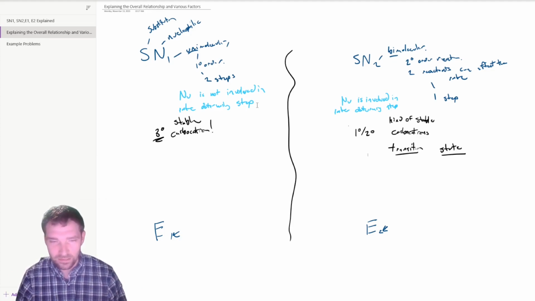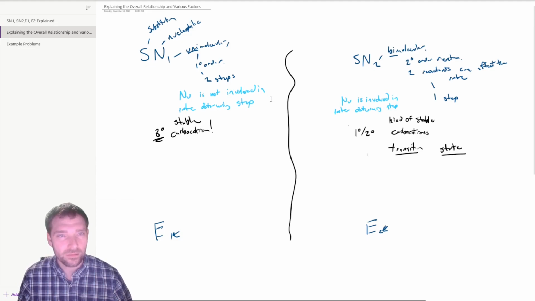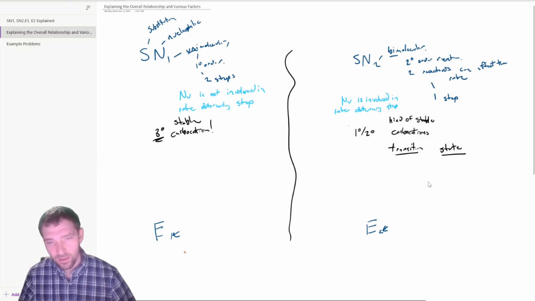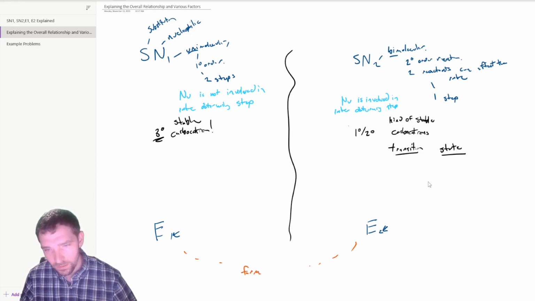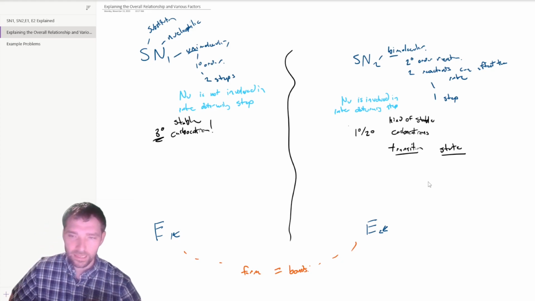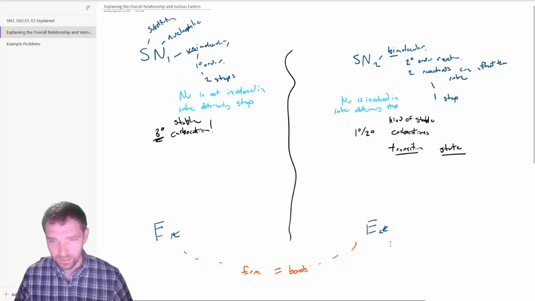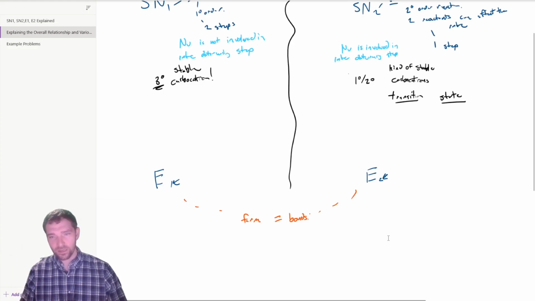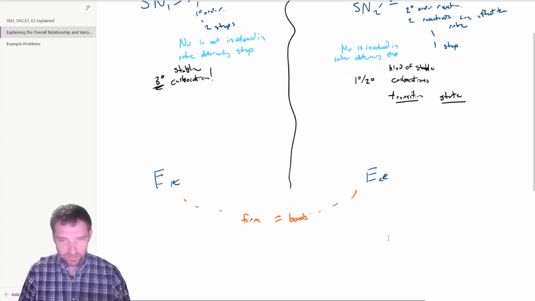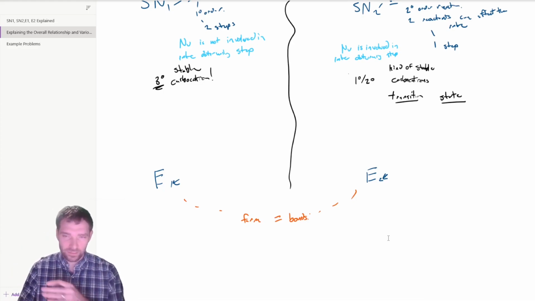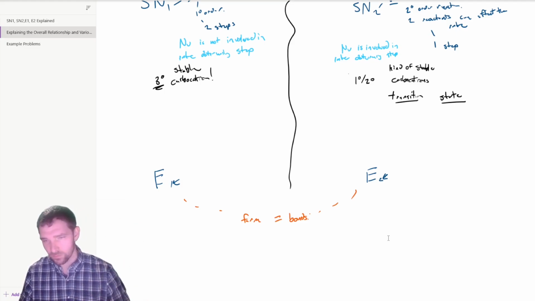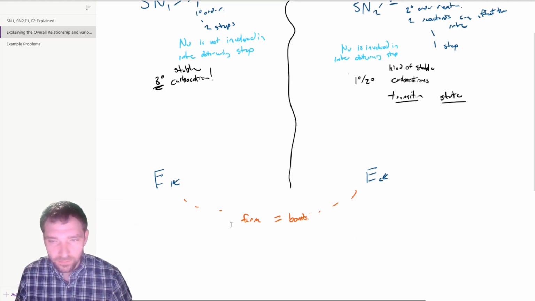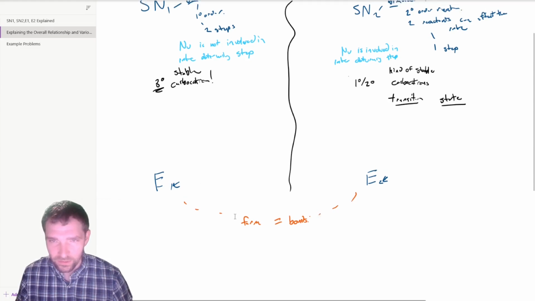And you can think about, okay, how can I relate the E1 and the E2 and the SN1 and the SN2? If we're thinking about the E1 and E2, both of these are going to form double bonds. This has to do with the hydrogen coming off, which allows the double bond to form between that and the carbon where the leaving group left. So these are forming double bonds a lot of the time with these elimination reactions.